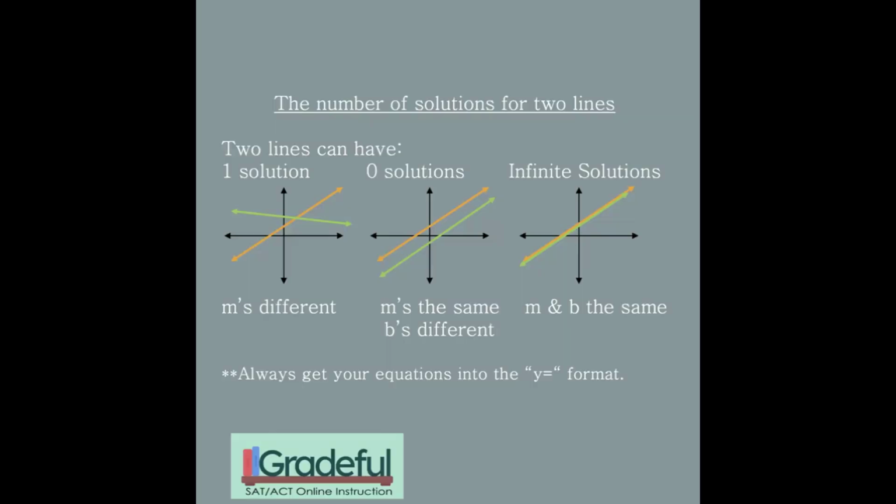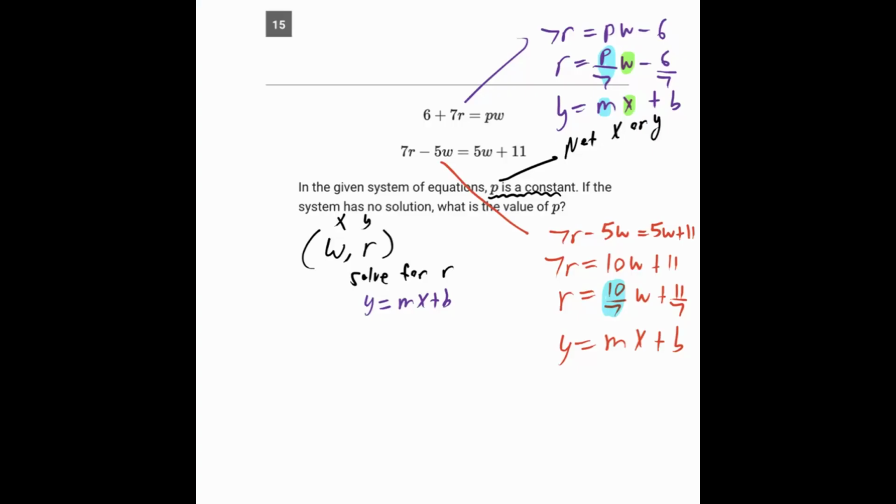Now, according to these rules, we heard that if you have no solutions, that means that your slopes have to be the same, they're tilted the same way, but the y-intercepts have to be different. So here, there are no solutions in this situation. And so we need the slopes to be the same.